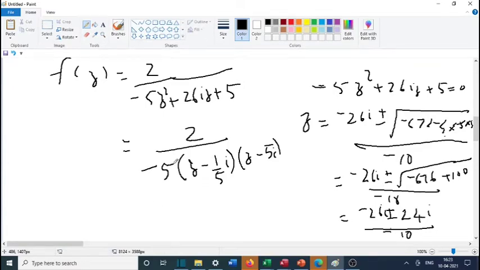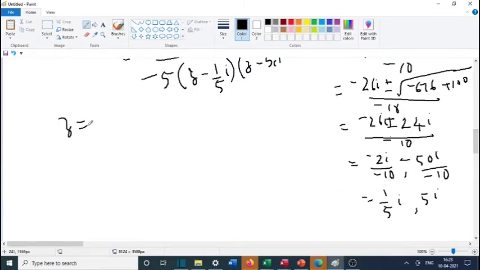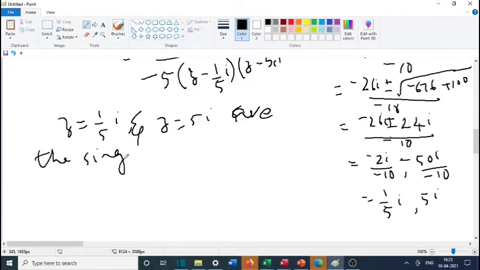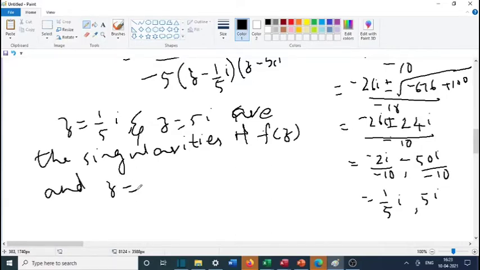So therefore, z equal to 1 by 5i and z equal to 5i are the singularities of f of z. z equal to 1 by 5i lies inside c.